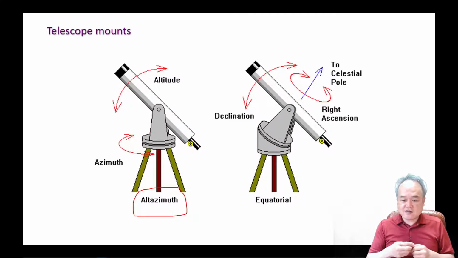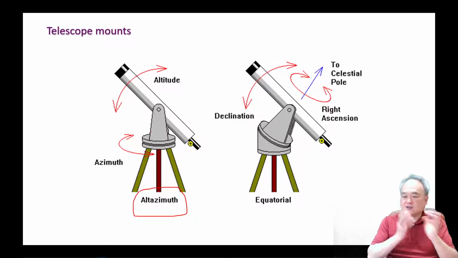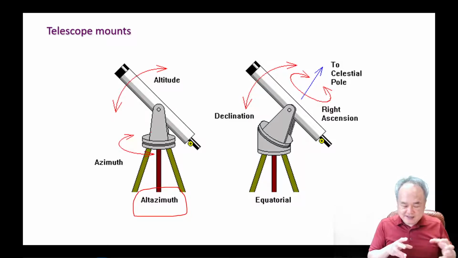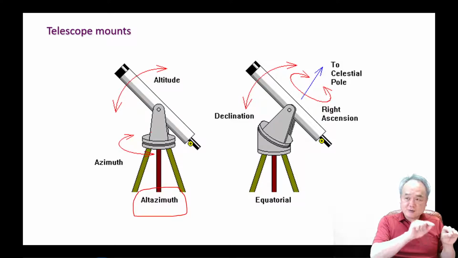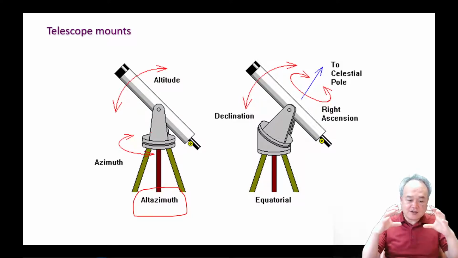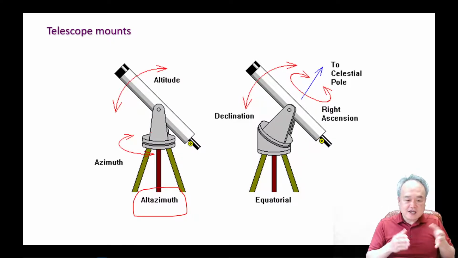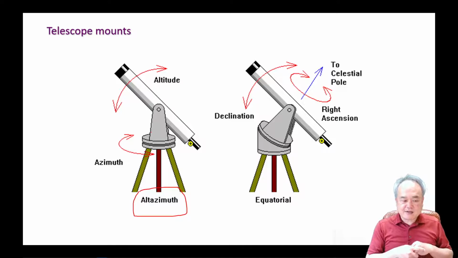There are nonlinear, complex sinusoidal trigonometric functions that need to be followed, so that to keep an object within the field of view of the telescope, one needs to adjust the declination and the azimuth angle in a very complicated way. In a simple mechanical way, it was very difficult.